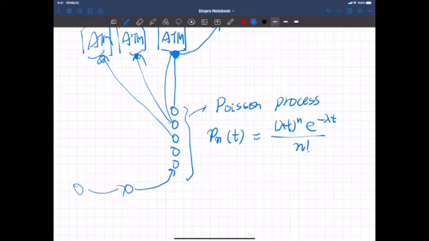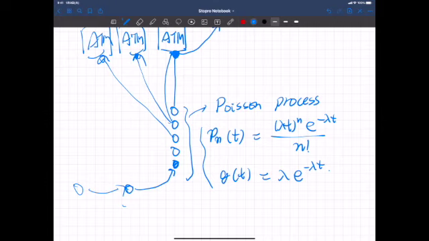This means the time between two consecutive arrivals of customers, so once one customer arrives, the time before the next customer arrives, is modeled by the exponential distribution. This we also learned when we studied the Poisson process.